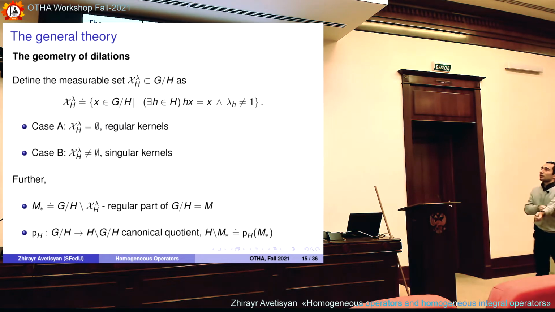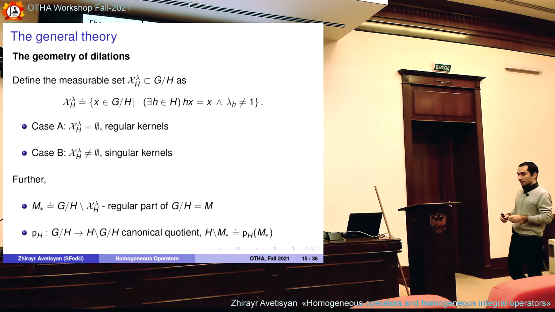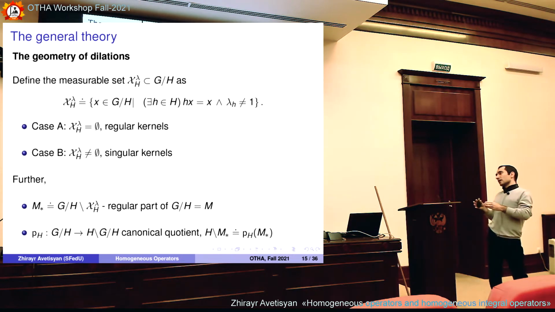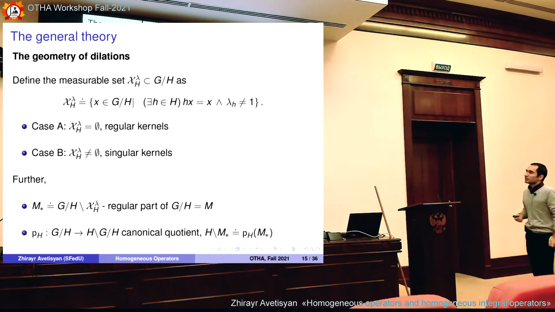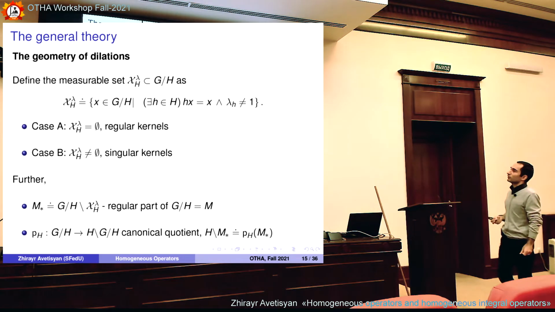Let's talk a little bit about the geometry of dilations, namely some special sets in regards to the G's action, the dilations action on your space. Now, we introduce this curly X set that depends on the stabilizer H and character lambda.